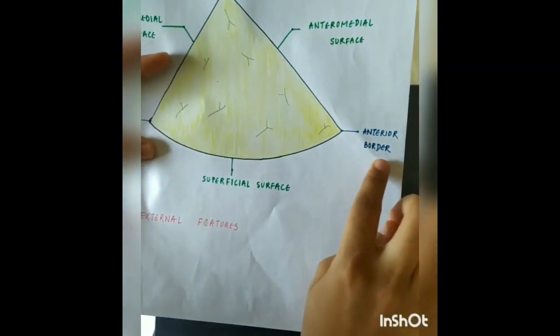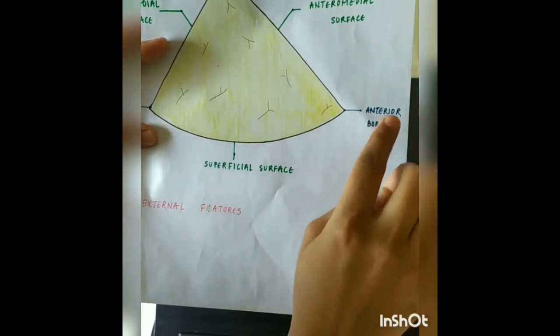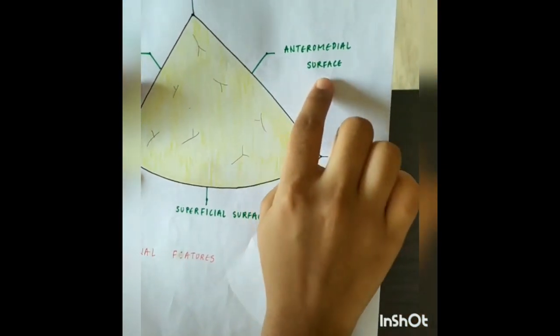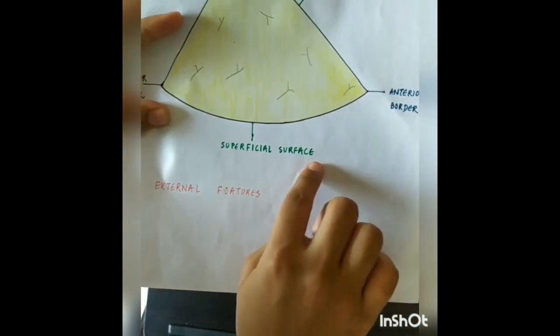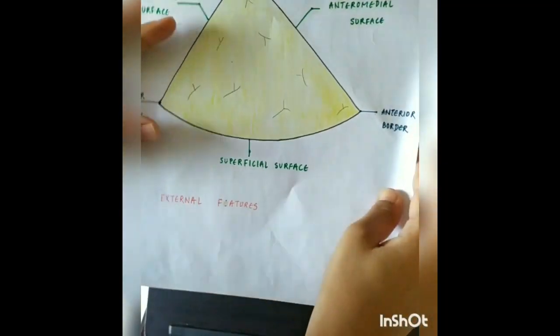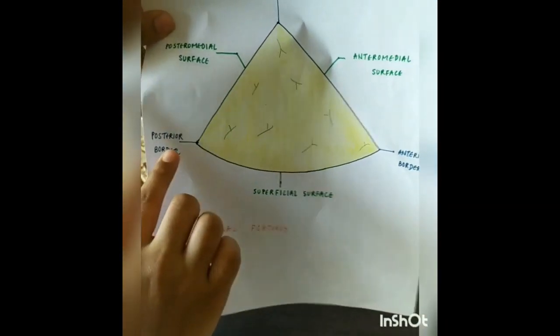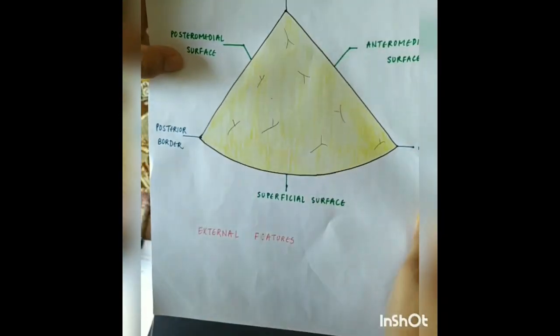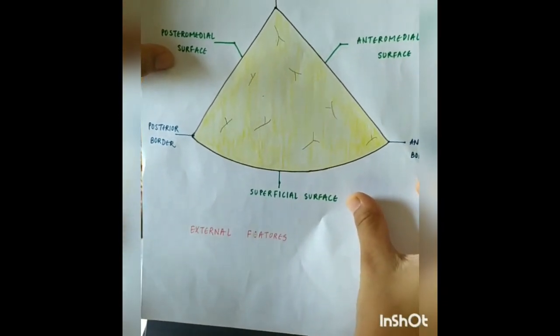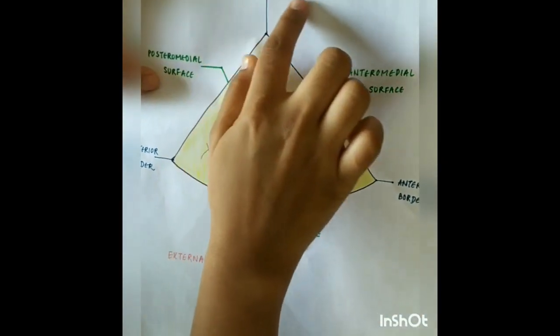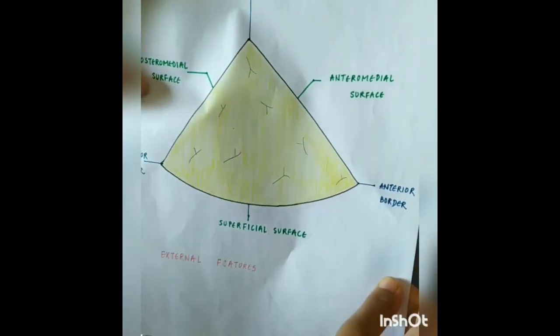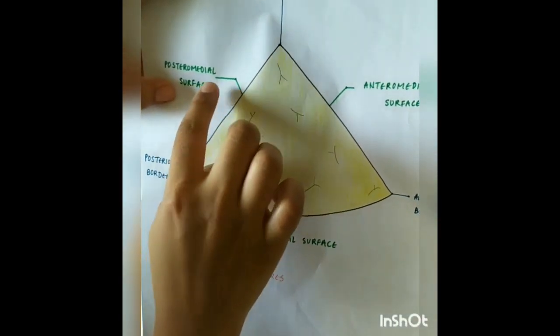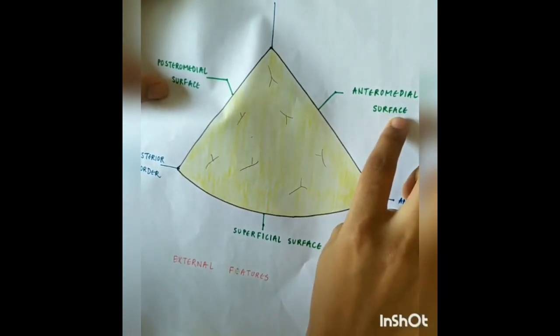So the anterior border separates the anteromedial surface from the superficial surface. Similarly, the posterior border separates the posteromedial surface from the superficial surface, and the medial border separates the posteromedial surface and anteromedial surface.